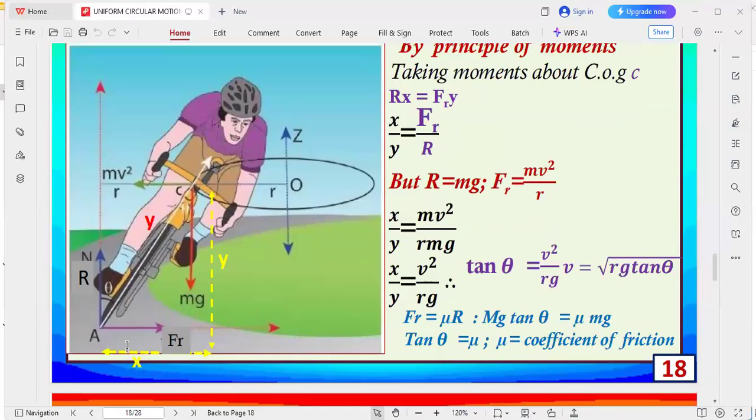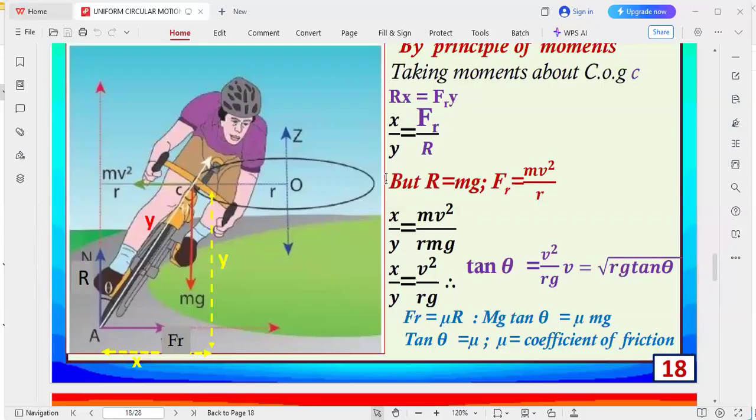So reaction multiplied by distance to the pivot, which is X, equals friction, which is anti-clockwise, multiplied by distance to the pivot, the vertical yellow line. So Rx equals Fy.